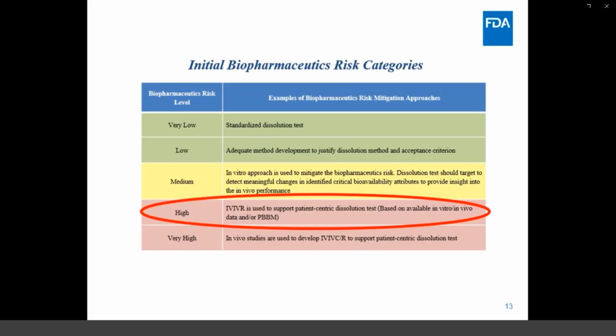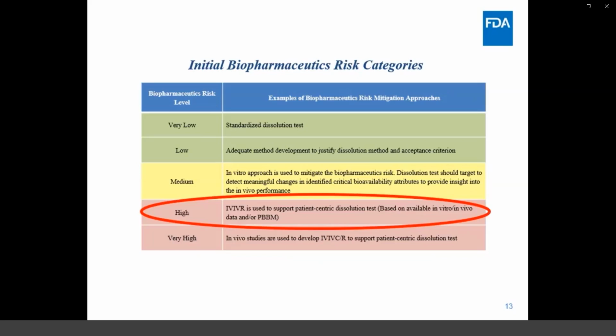In these instances, a standardized dissolution test could be incorporated as per our high solubility drug substance dissolution guidance. For low risk, there's a little more of an impact, but we still expect immediate release products to behave with rapid dissolution. And in those instances, although not a standardized method, an adequate method development to justify dissolution method and acceptance criteria could be used.